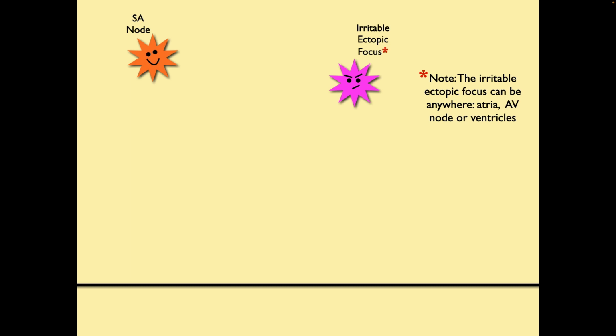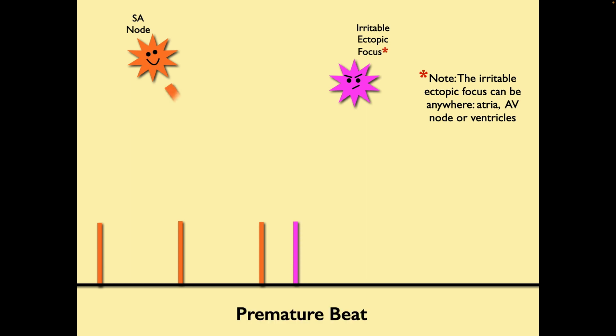It fires off, and just for a moment, it grabs control of the heart and depolarizes. It depends on which part of the heart it's in, but it starts the depolarization. So this is how it works: the SA node's firing off, no problem, no problem, no problem, but the irritable focus all of a sudden becomes so irritable that it fires off anyway.